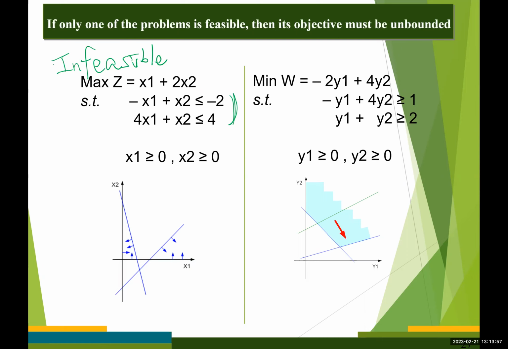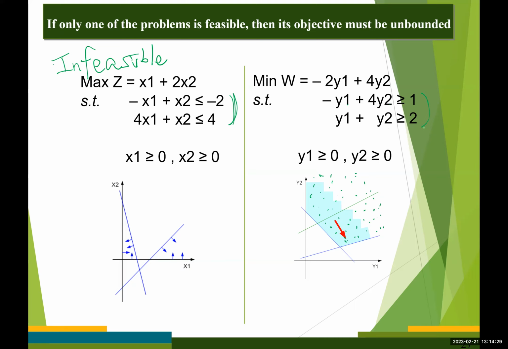So in this case, our feasible region is here, because the origin does not satisfy both of these constraints, right? 0 plus 0 is not greater than or equal to 1.